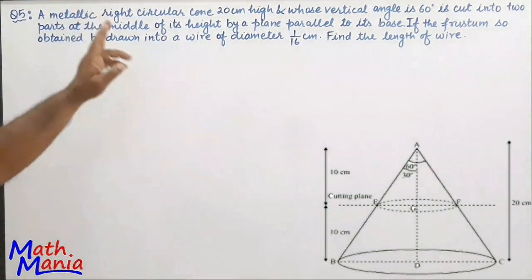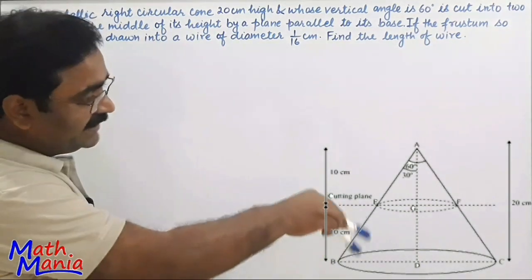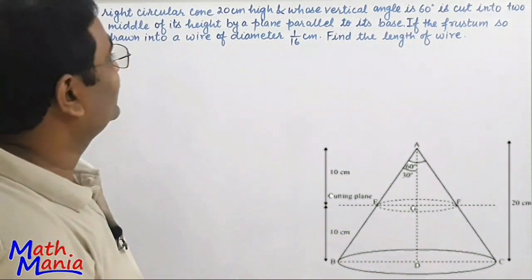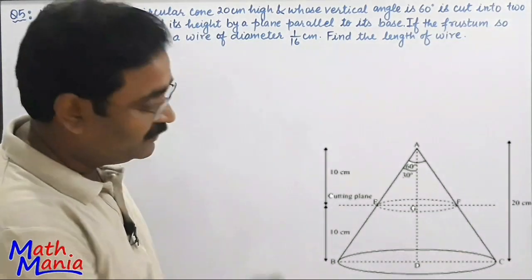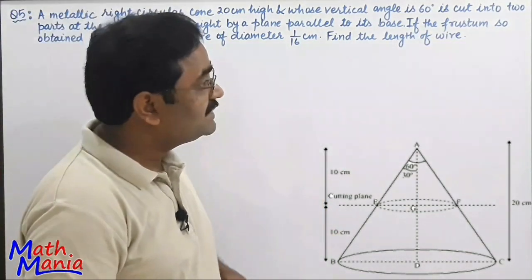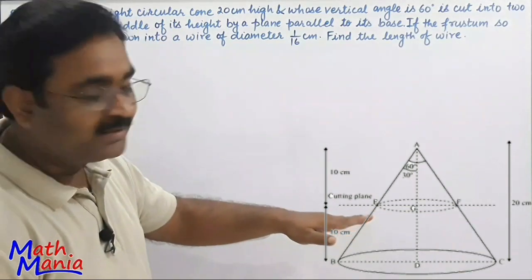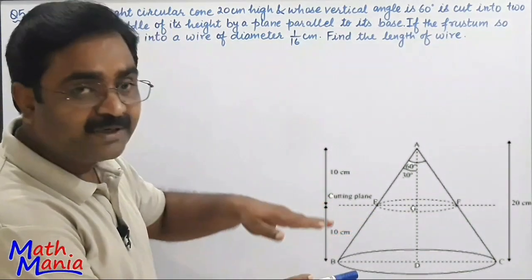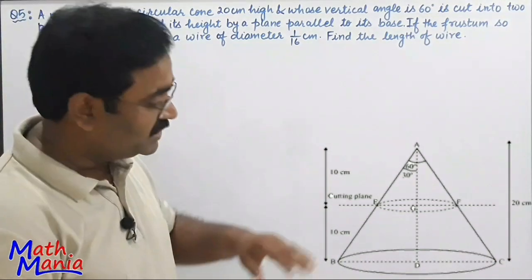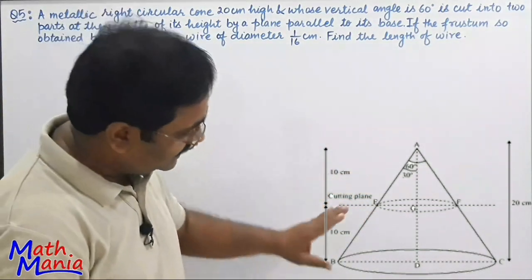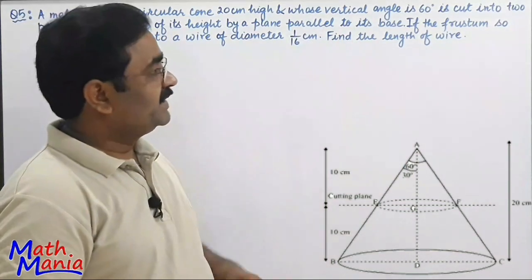Given that a metallic right circular cone 20 centimeter high, whose vertical angle is 60 degree, is cut into two parts at the middle of its height, by a plane parallel to its base. So the upper cone has height 10 centimeter and the remaining frustum is also 10 centimeter high.